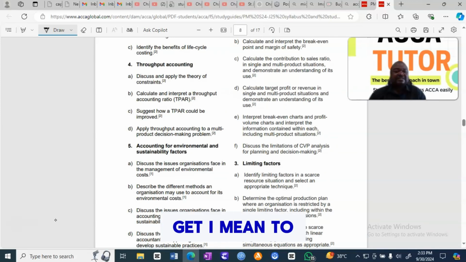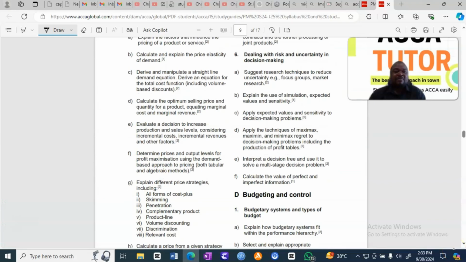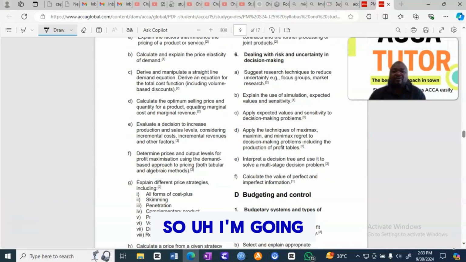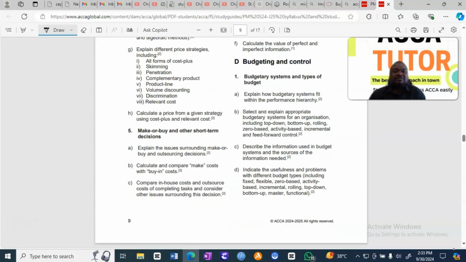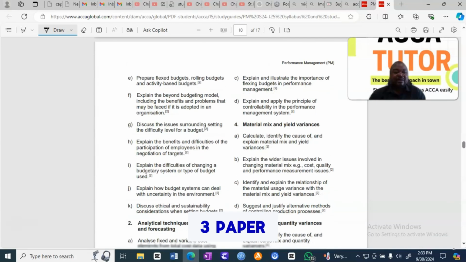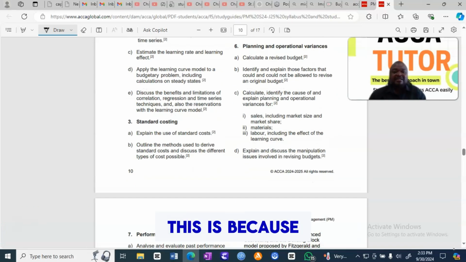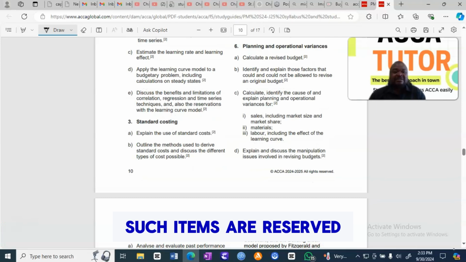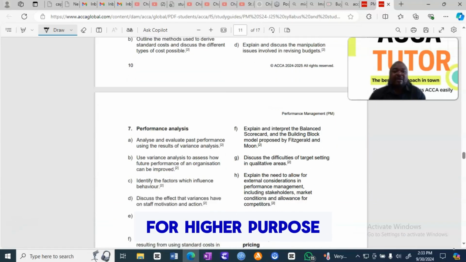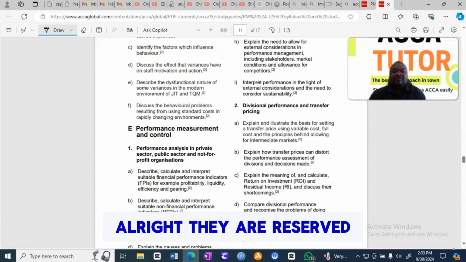So are we going to expect level 3 in this paper? Are we going to face a level 3 item? I'm going through, and it seems like we are not going to get a level 3 item. Why? This is because such items are reserved for higher papers. They are reserved for higher papers.